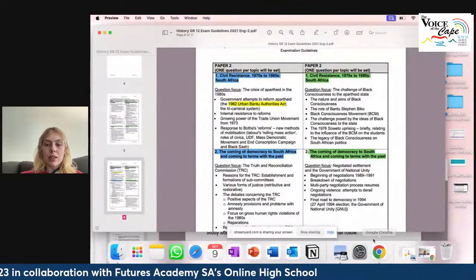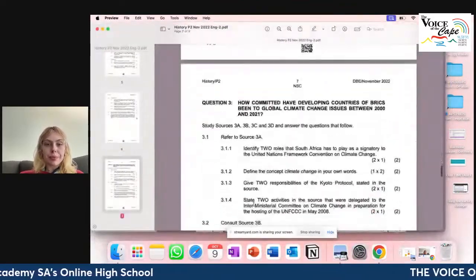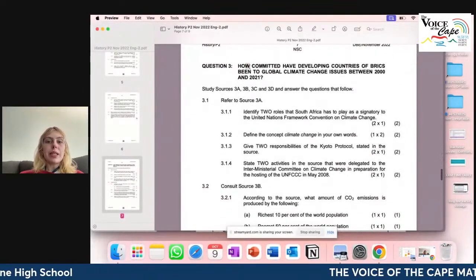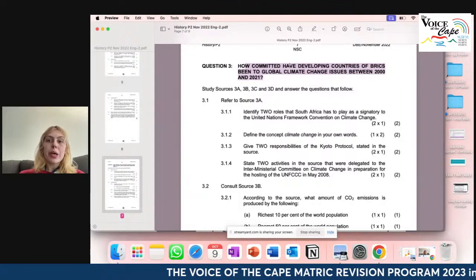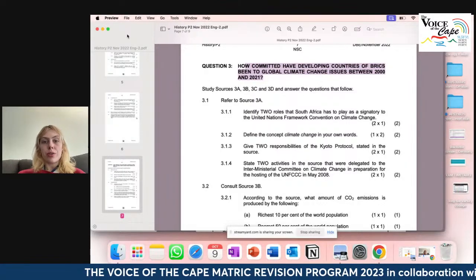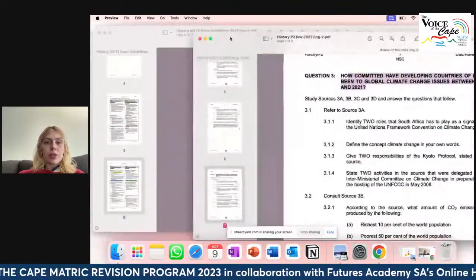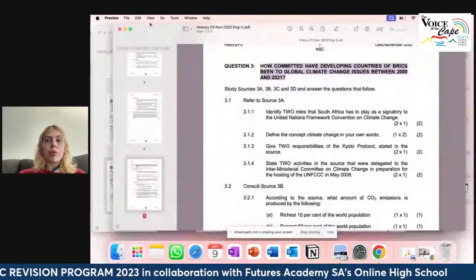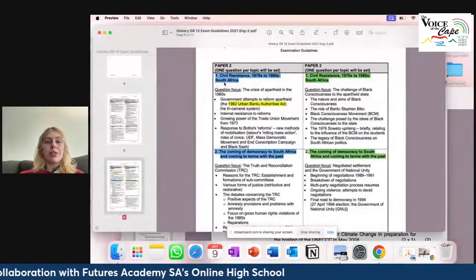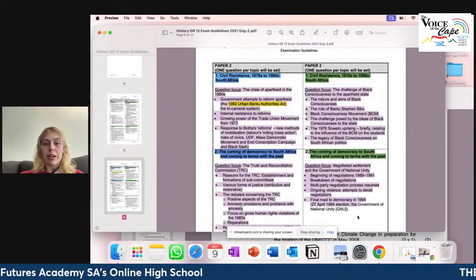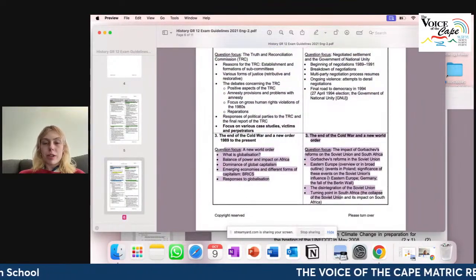And then the last essay question option, which is on the globalization topic, says, how committed have developing countries of BRICS been to global climate change issues between 2000 and 2021? So for the globalization questions, it's important to remember that although the content is international, conversely to these two topics, which are just South African history, the way that they phrase the questions is always through a South African lens.